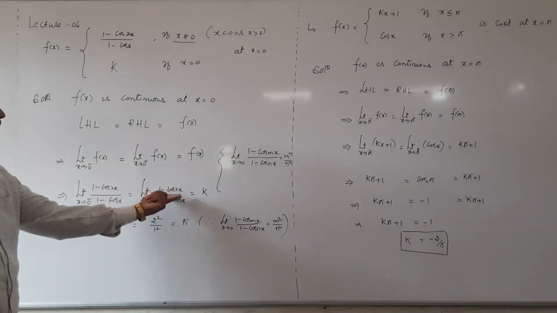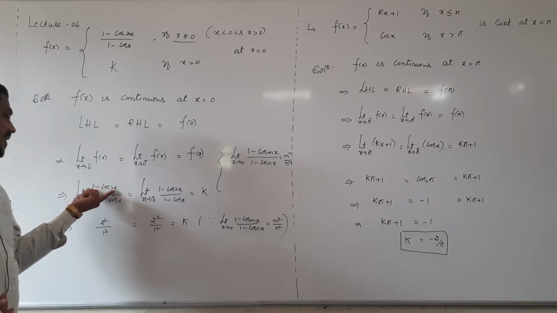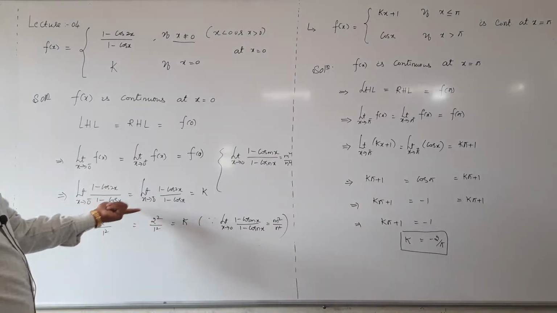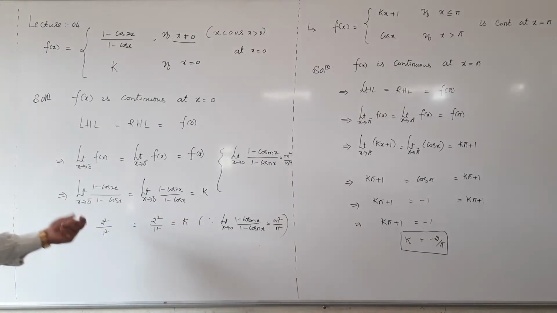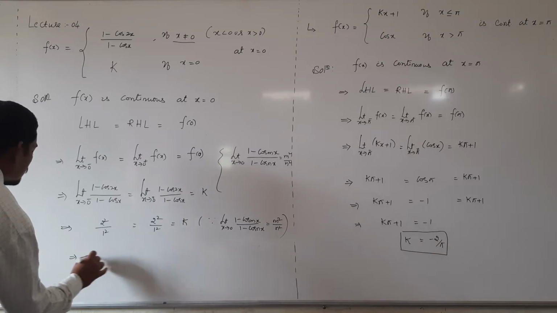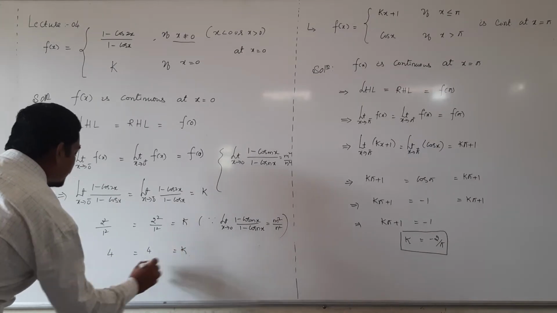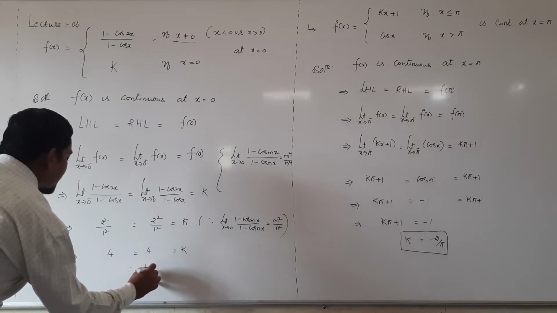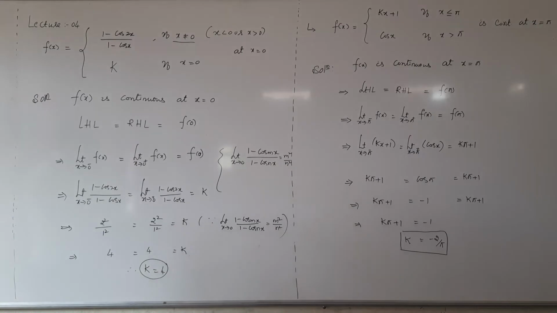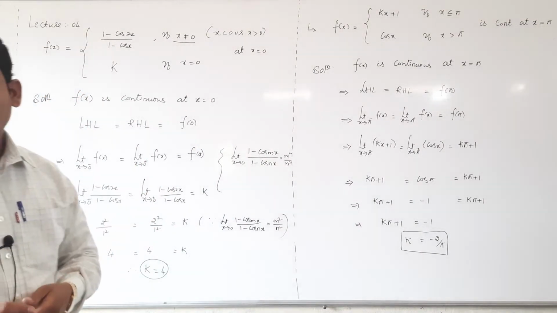Simplify, then also the answer is 4 only. k equal to 4, therefore k equal to 4. If this function is continuous at 0, then the k value is 4.